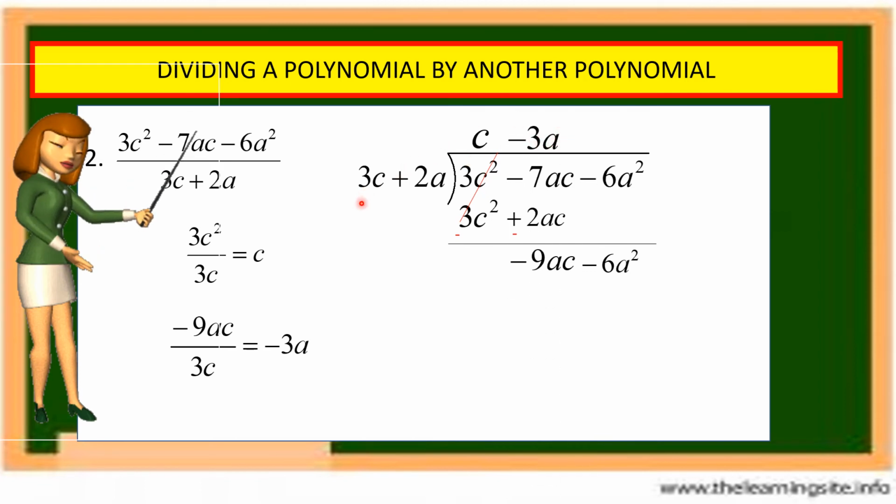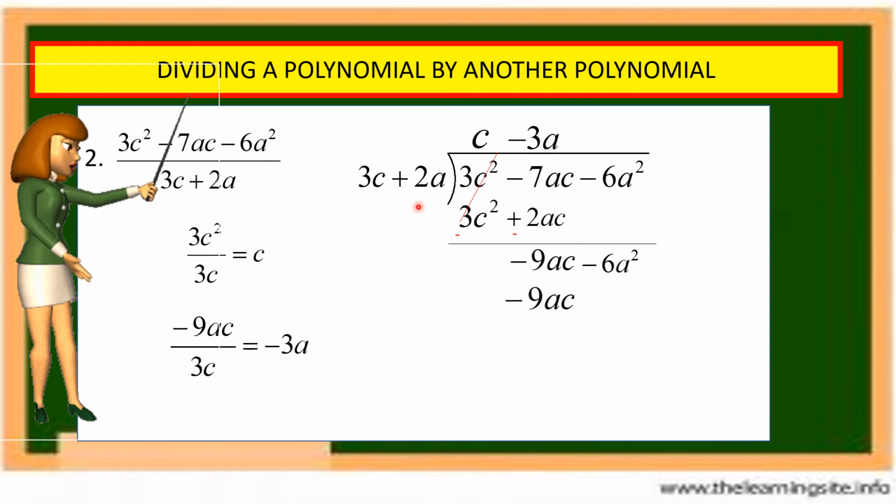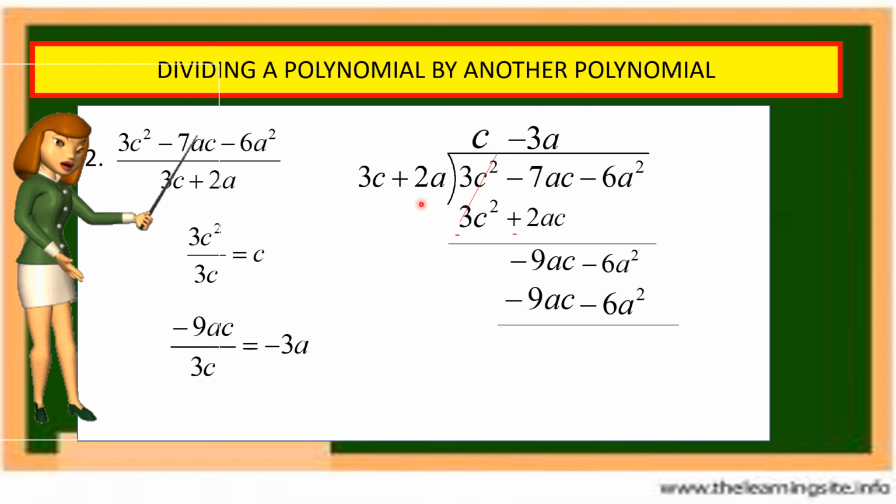Negative 3a times 3c is negative 9ac. Negative 3a times 2a is negative 6a squared. Then, we'll subtract, change the sign of the subtrahend. Negative will become positive. Negative will become positive. We can cancel. Is there a remainder?